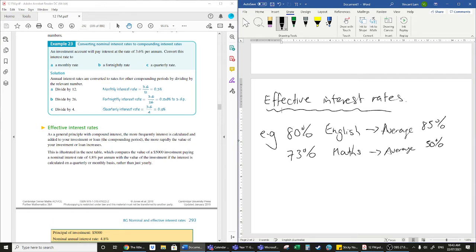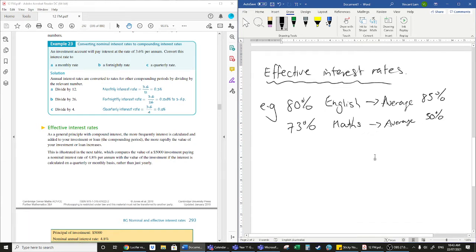So now you've got a bit more information and you can put it into perspective. You didn't do so great in the English test, did you? Because the average for the class was 85%. And for maths, the average was 50%. So you got 73, so you're way above average. So as you can see there, just looking at a score or an interest rate doesn't exactly tell you which one's better or not.